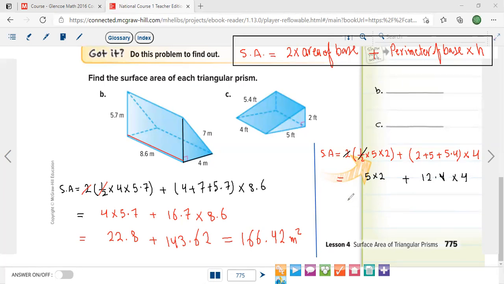Multiplied by 4. 5 times 2 is 10. 12.4 multiplied by 4 will give you 49.6. And if we add it to 10, this will give you 59.6, of course, feet square.